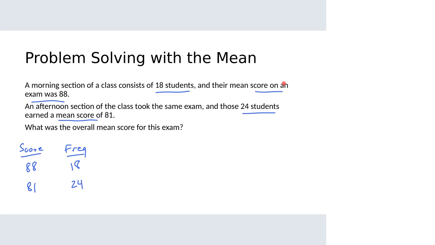And now all we're doing is looking for the mean of this frequency table. An important part of that is the total number of data points, which we get from adding these two frequencies, 18 plus 24. So we have a total of 42 data points.